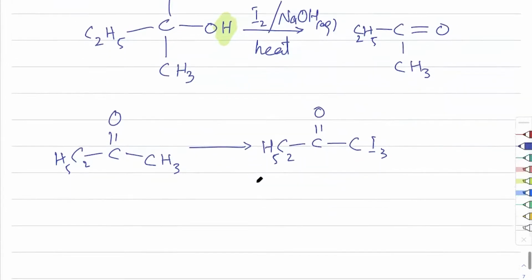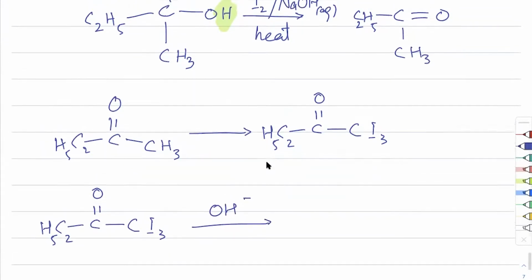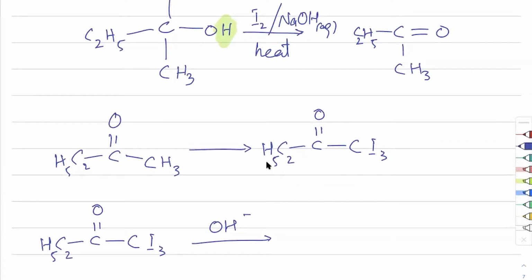Now, the next thing is that in presence of CI3, the OH minus is going to attack this, okay? So this thing is going to be attacked by OH minus. What's giving us the OH minus in this setup? The alkali. Alkali, very good.